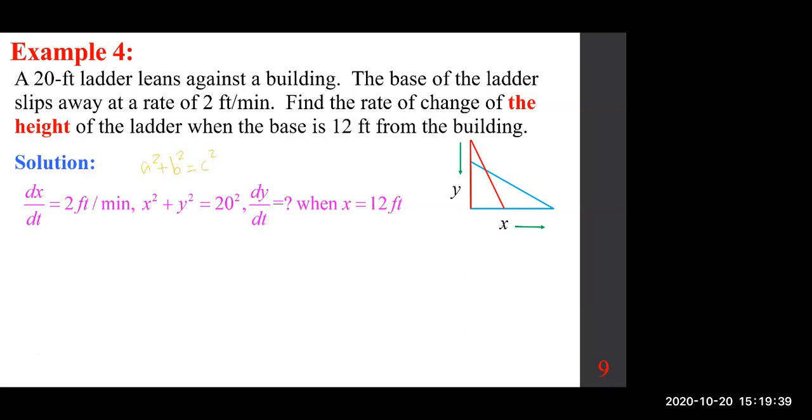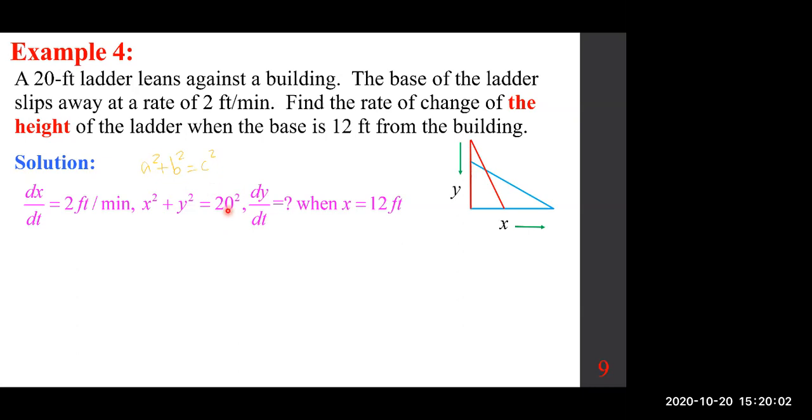Now this is pretty straightforward. All you have to do is differentiate everything with respect to time. Remember, we use the Pythagorean theorem. So x squared gives you 2x dx dt, plus y squared gives you 2y dy dt, and this is a number. It doesn't matter, it's 400 or any other number. Needless to say, everybody knows this is 400.